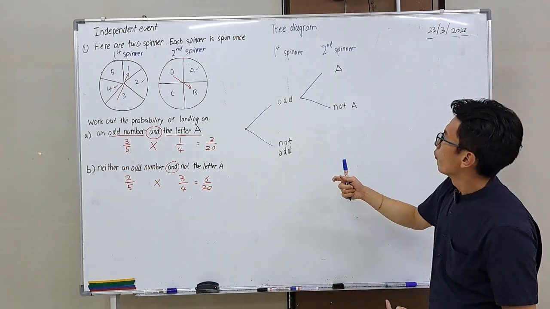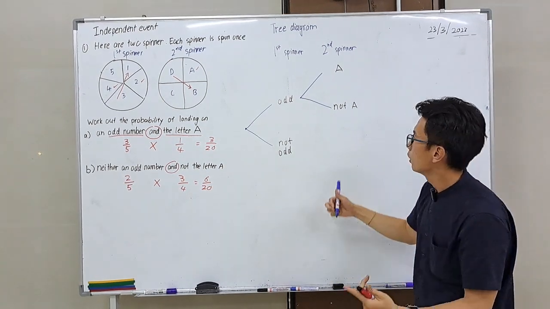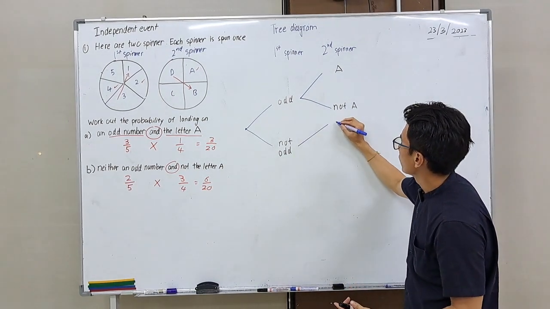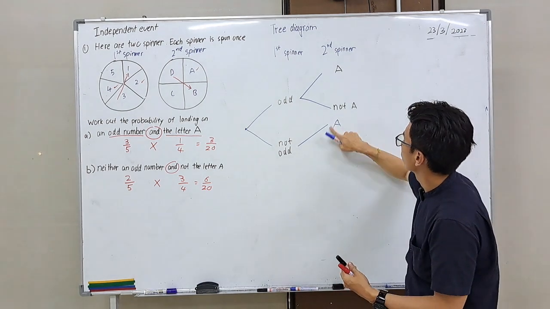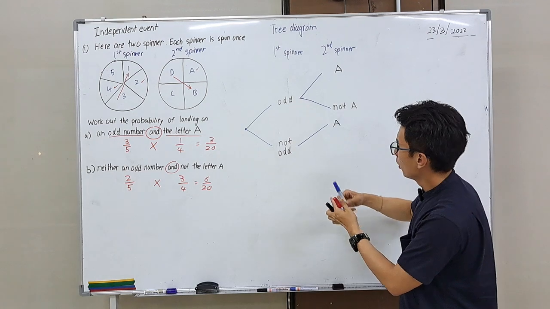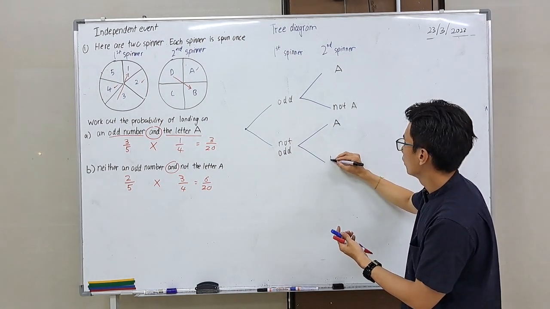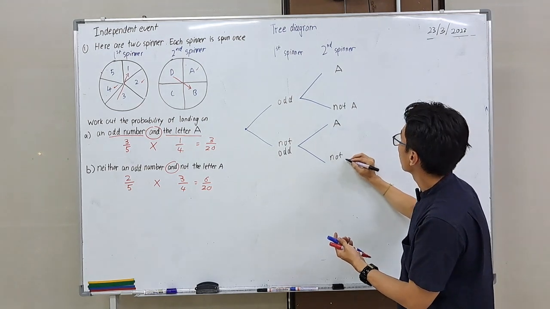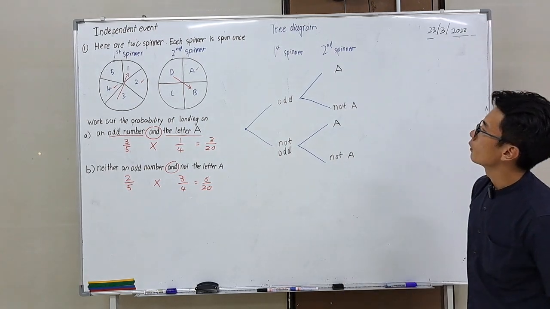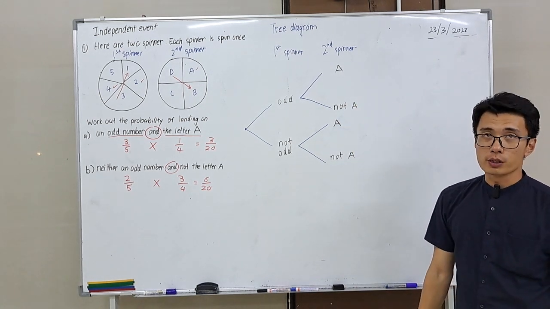So again, very similar to this, I get my two options again. It's either that I will get the letter A, or I will get not A over here. Okay? So that's how I construct my tree diagram.